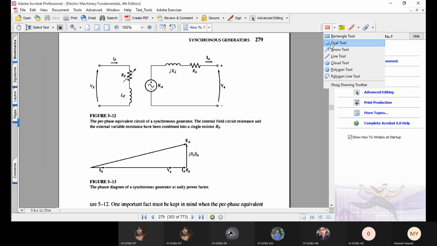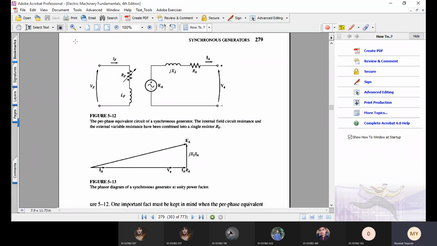The equation was V phi equals EA minus IA RA minus J XS IA.